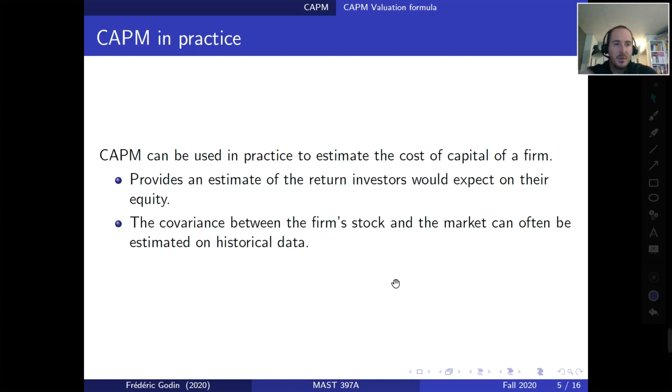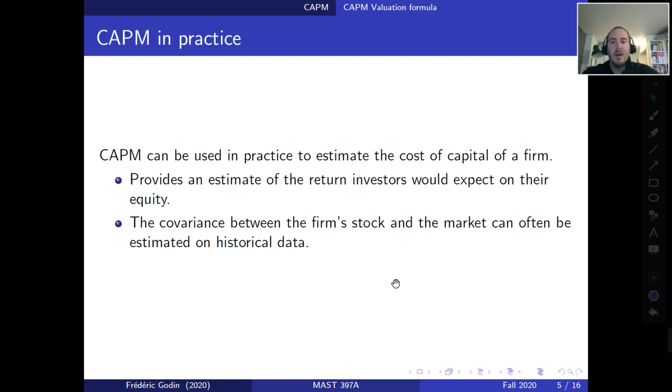Let's say the firm issues stocks, so they have to have an estimate of how much investors will expect to make as profits on the stocks that they issued. So investors will of course purchase the stocks, but they will be expecting profits so as to match profitability targets. And such targets can be estimated in practice using the expected return on the security, which can be provided by CAPM.